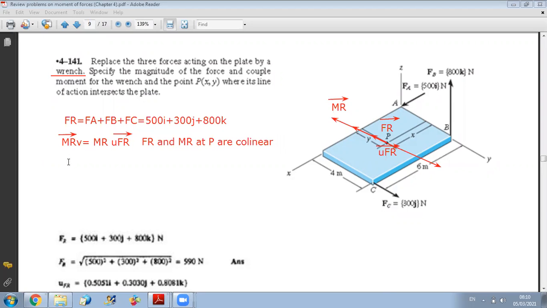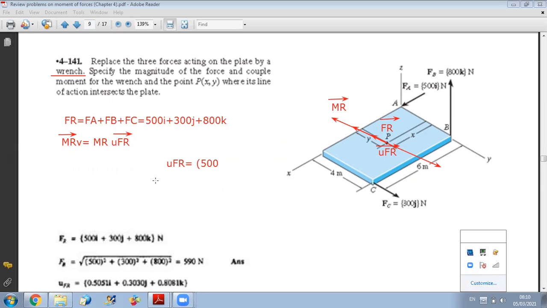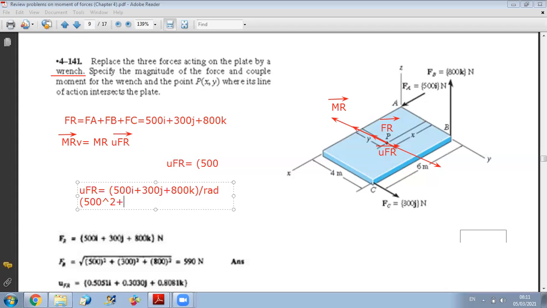The unit vector of Fr is equal to 500i plus 300j plus 800k over the radical of 500 squared plus 300 squared plus 800 squared.